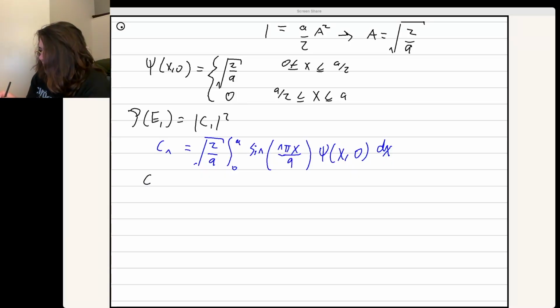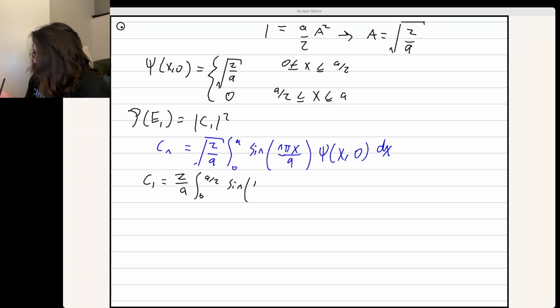So for C1, just plugging 1 into there, and our wave function, we'll have 2 factors of root 2 over a. We're only integrating from 0 to a over 2 because that's the only part where the wave function exists.